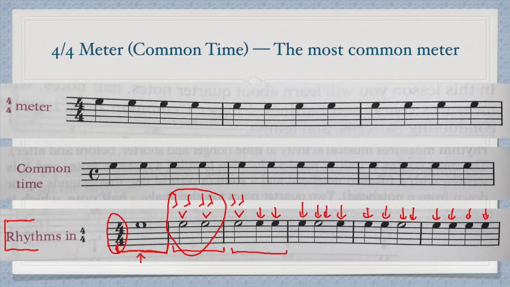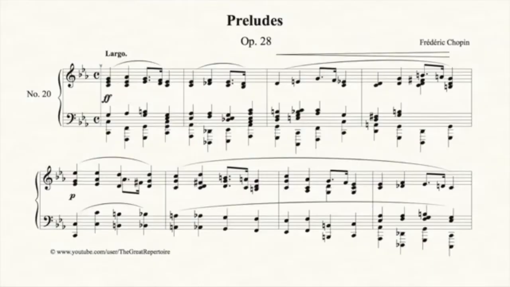So we can see that each measure contains 4 quarter notes, and the quarter notes in this simple rhythm serve as the beat. This is a prelude of Chopin. In this piece, you can very clearly recognize that there are 4 quarter notes in each measure. This is common time, or 4/4 meter.